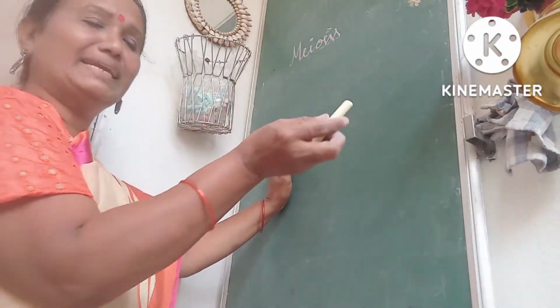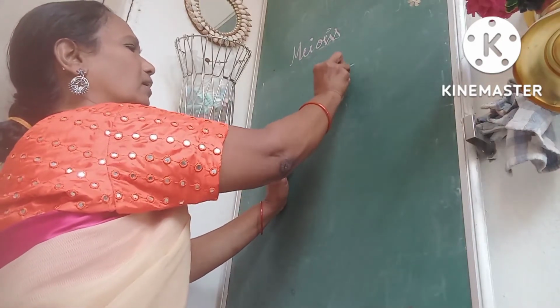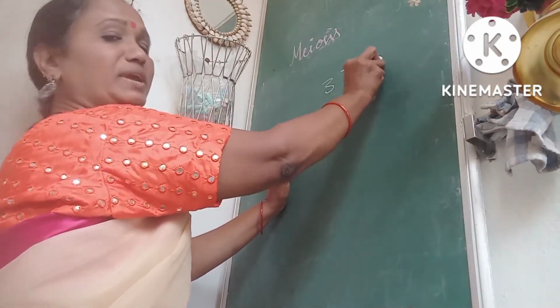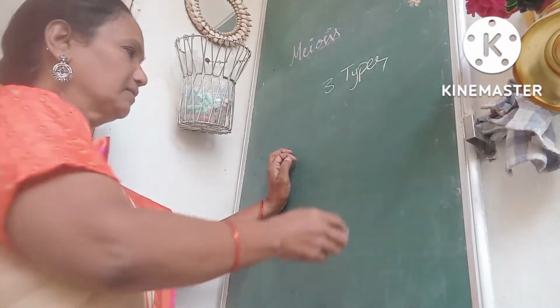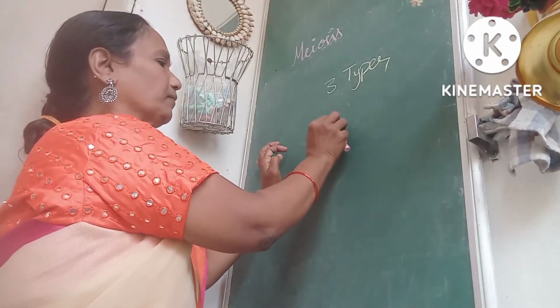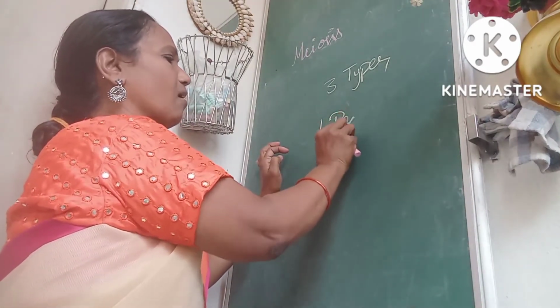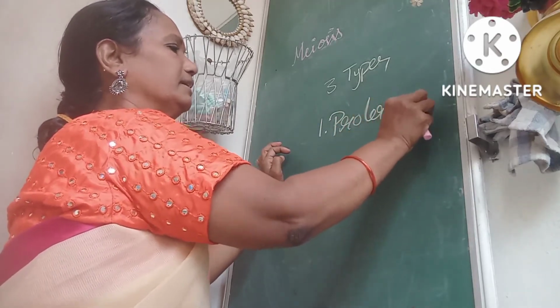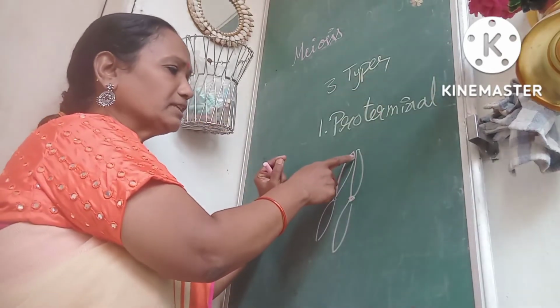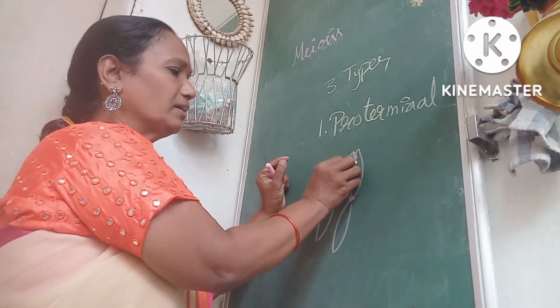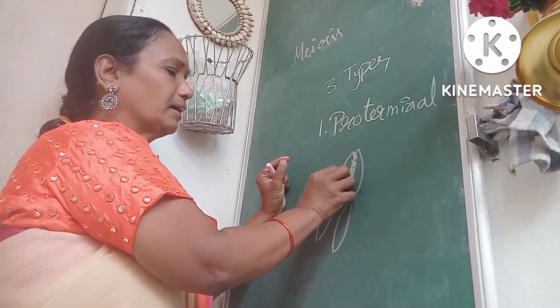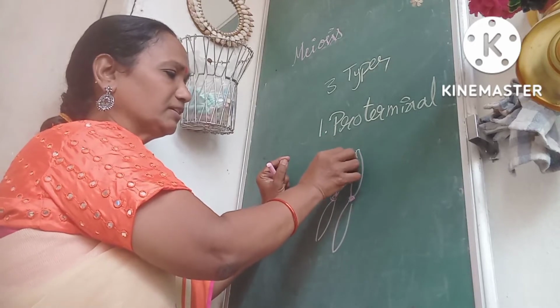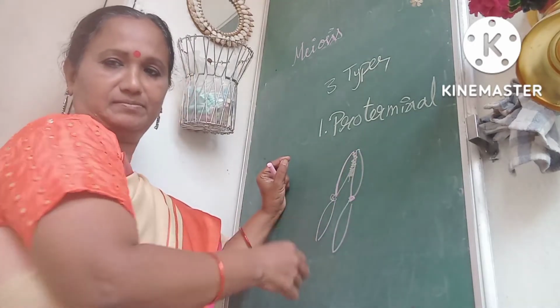There are three types of synapsis recognized. Firstly, proterminal synapsis, where the pairing starts from the terminal and moves towards the center.